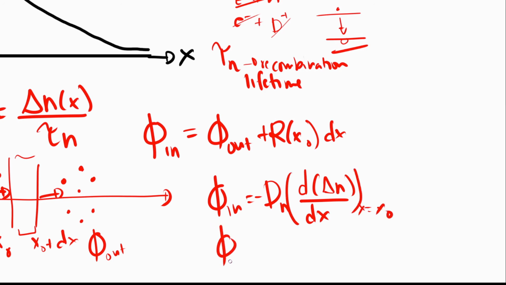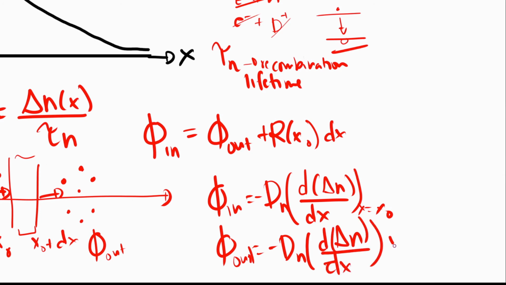Meanwhile, the flux out is the same, negative Dn, d delta n over dx, only the x we consider changed. x is equal to x naught plus dx.